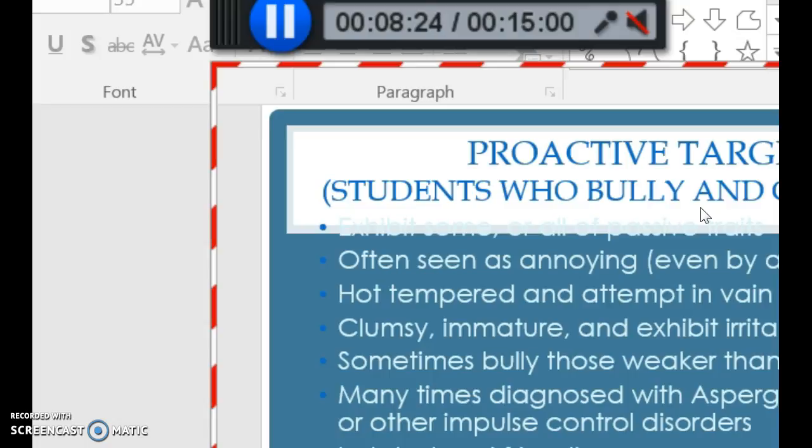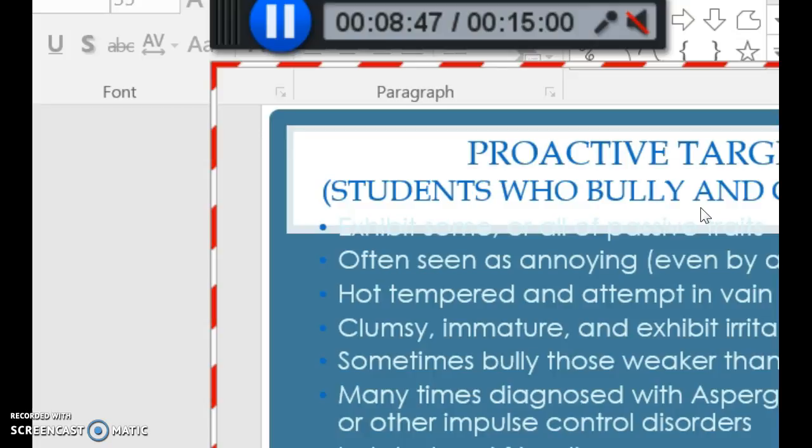A lot of times too, this is a big one, especially with boys will be boys. Yes, boys will be boys, but to a point. We're not going to go in the lunch line and spill food on someone because you just think they're a nerdy kid. That's not boys will be boys. That's just being mean. A lot of times too, though, the kids that get bullied are often seen as annoying.